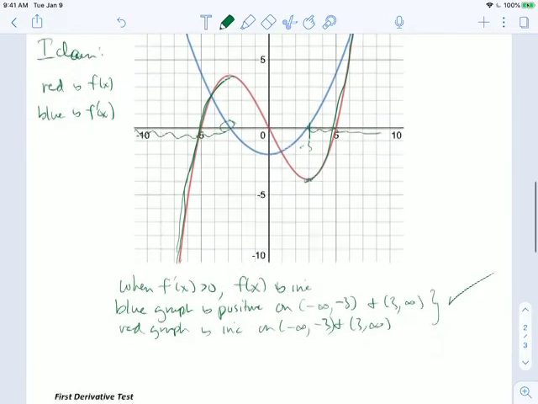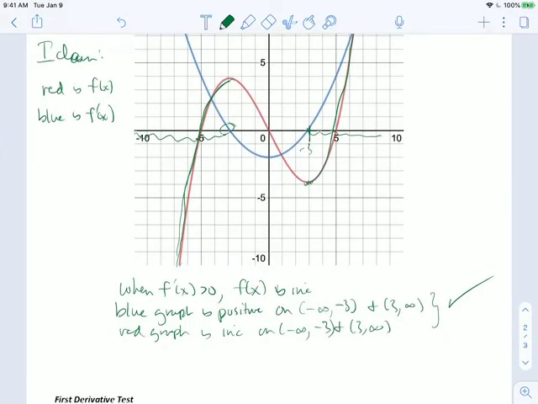We can do the same thing for the decreasing part. So when f prime is negative, f should be decreasing. Well, the blue graph is negative only between -3 and 3.